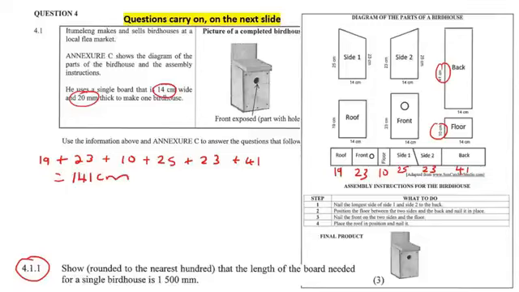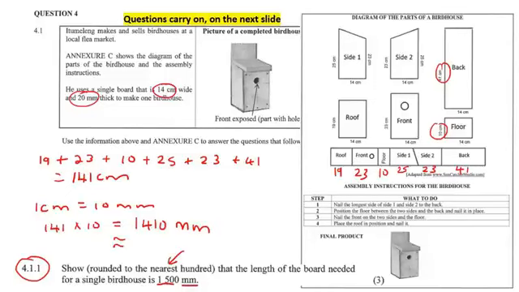So it says, show rounded to the nearest 100 that the length would be 1,500. And that's in millimeters. So remember that 1 centimeter is the same as 10 millimeters. So what we can then do is say 141 multiplied by 10, and that's going to be 1,410 millimeters. Okay, now when they say to the nearest 100, you don't want to just round this down to 1,400, because remember, this is a piece of wood that you need to make something.